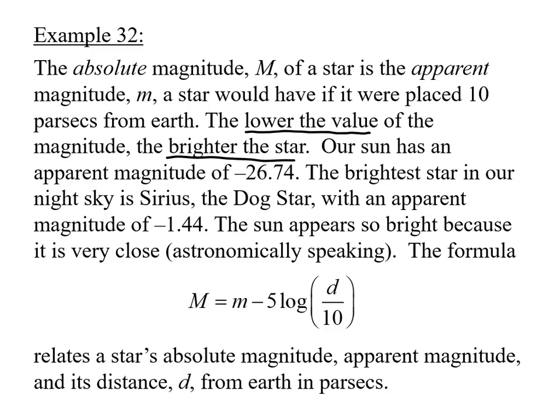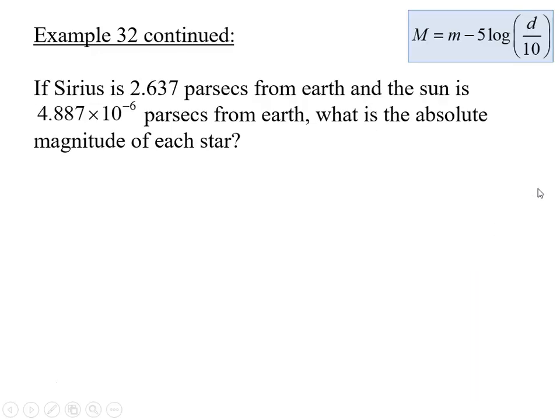So anyway, the formula that they give here relates a star's absolute magnitude, apparent magnitude, and its distance from Earth in parsecs. So we're going to take that and answer the following question.